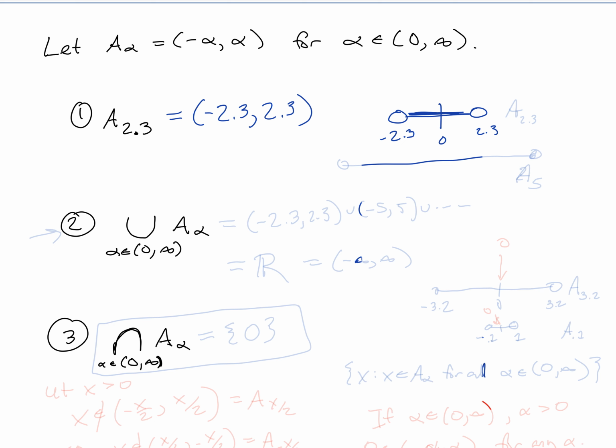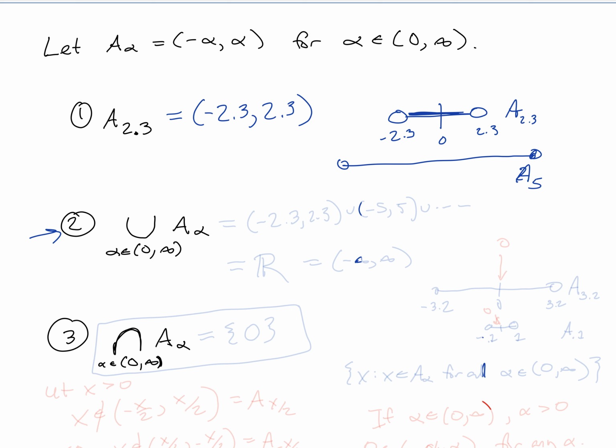Okay, what is the union of all the A alphas for any non-negative real number alpha? So we would include, for example, A sub 2.3. We would also include A sub 5 and so on.